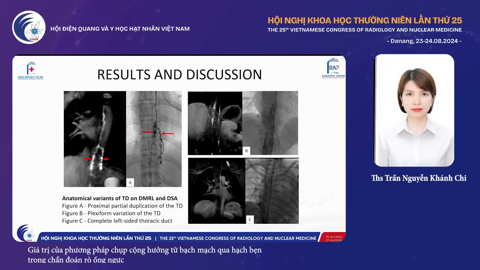These are anatomical variants of the thoracic duct on MRI and DSA. Figure A shows a patient with proximal partial duplication, and it is similar on DSA. Figure B shows a patient with a plexiform variation, and Figure C shows a patient with complete left side thoracic duct, and both cases are entirely confirmed on DSA.